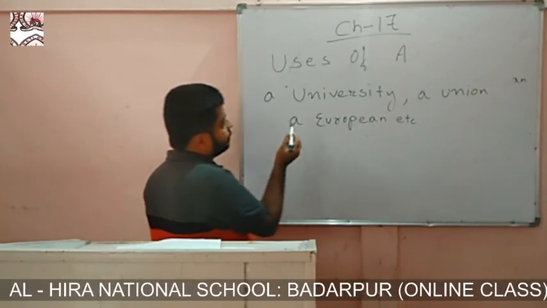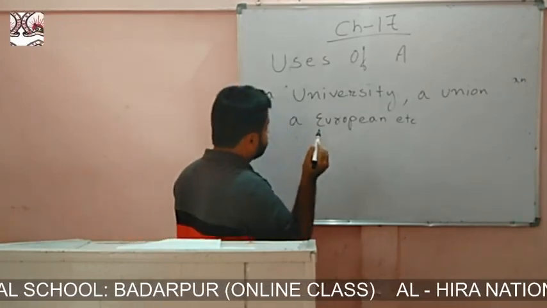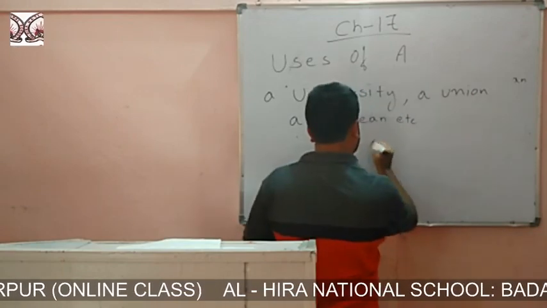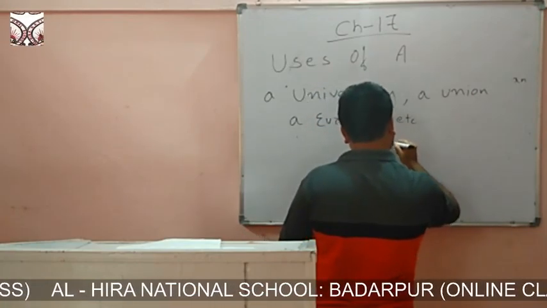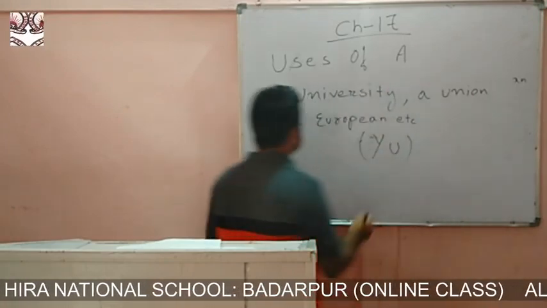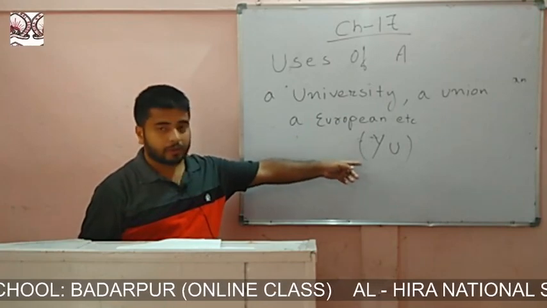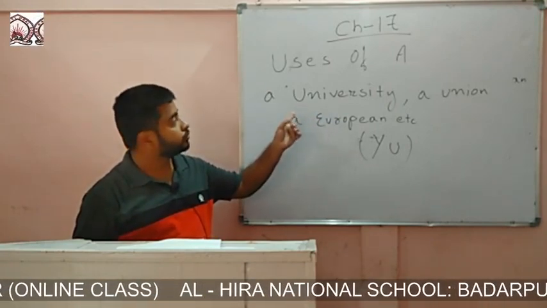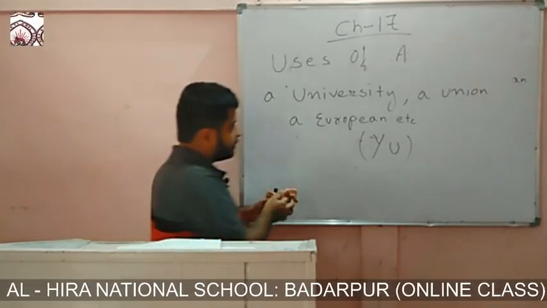If we pronounce it, then we'll find it is sounding like y, yu. That means university. So y is not a vowel. The sound of university is not vowel. So we will use a. For example, I am writing a sentence.